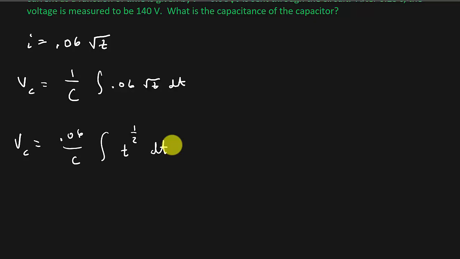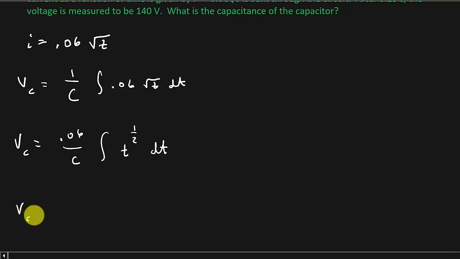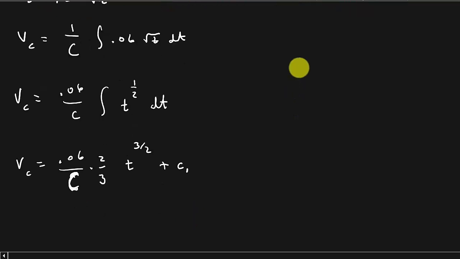And so what do we do now? Well, now we can go ahead and integrate. So I've got VC is 0.06 over C, and that's going to be t to the 3/2, so times the reciprocal 2/3, plus C. Now remember, this C and this C are not the same. Let's just call that C1 so we don't get them confused.